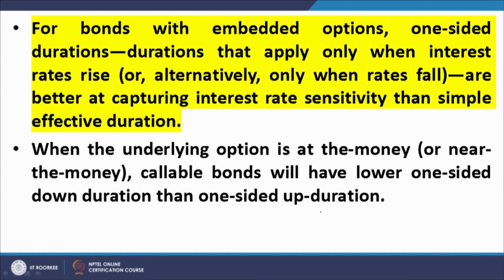When the underlying option is at the money or near the money, callable bonds will have a lower one-sided down duration than one-sided up duration, because if there is a decrease in interest rates, the price increase will not be commensurate with the decrease in interest rates. It will be capped, truncated by the exercise price of the embedded option in the callable bond.